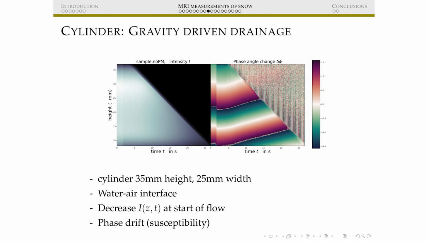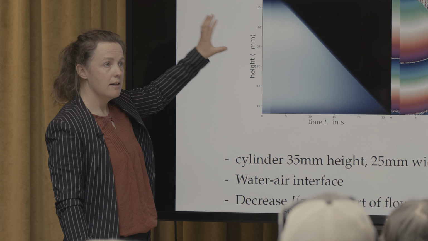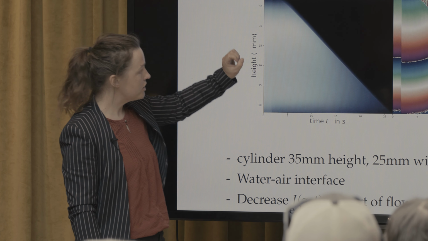And this is what I measured. So here, this is the profile height, and this is the time in the x direction. And this is where you can see that the signal, the water-air interface slowly goes down, so it slowly drains. This on the left-hand side, we have the intensity. This tells me the saturation.